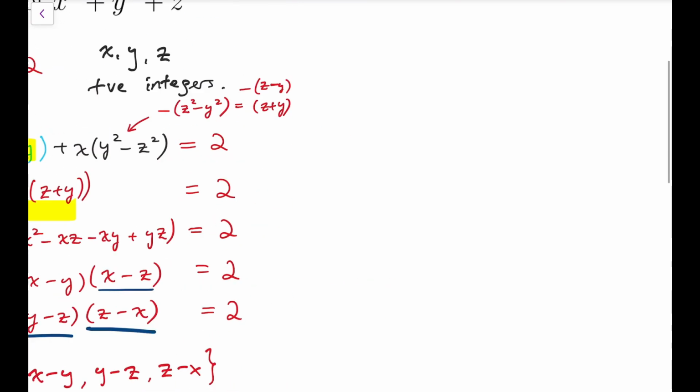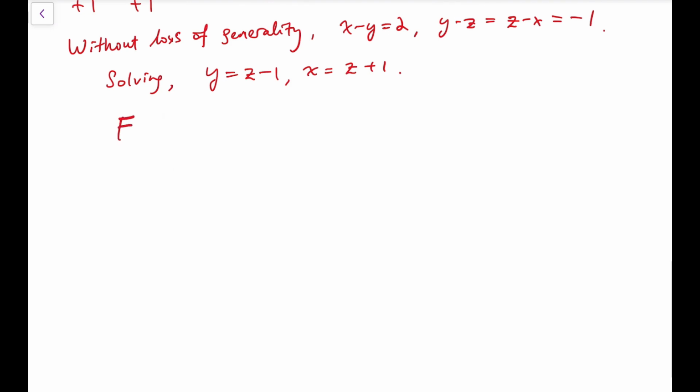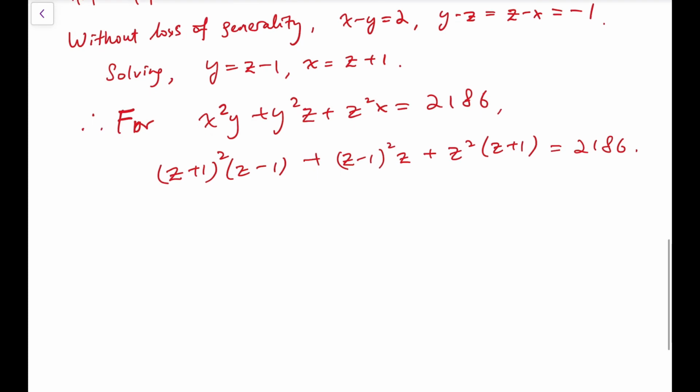So I have z plus 1 all squared times z minus 1, and then z minus 1 all squared times z, plus z squared times z plus 1, and that's 2186. So now we have only one single variable, and we know it's a cubic equation.